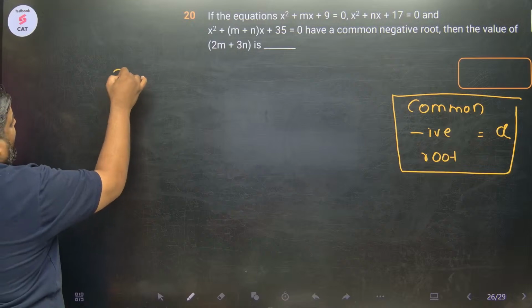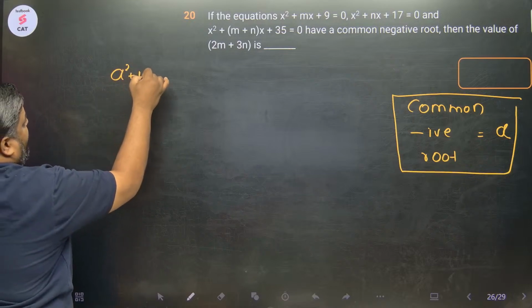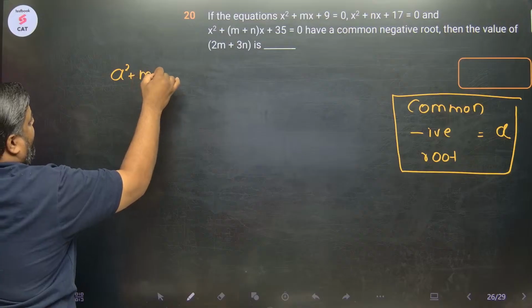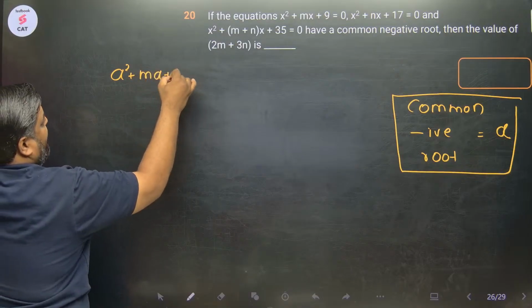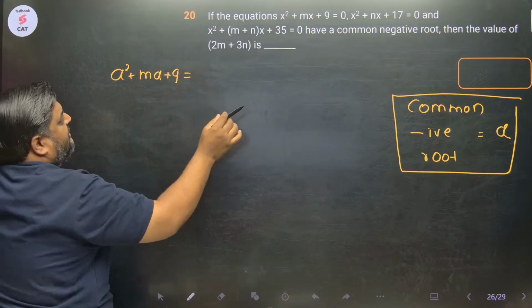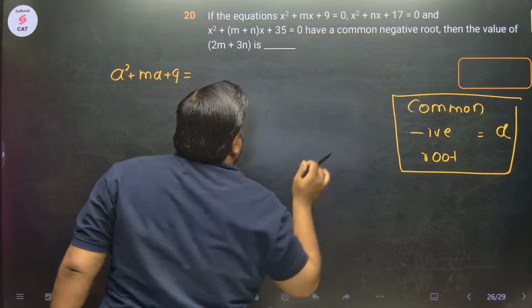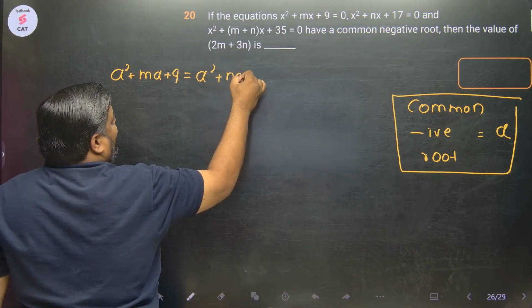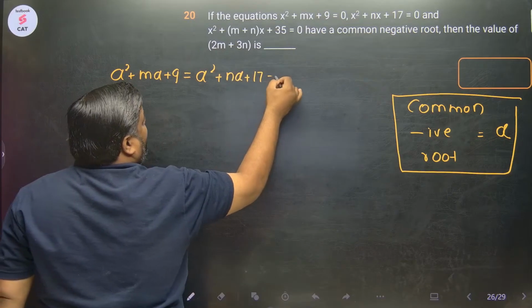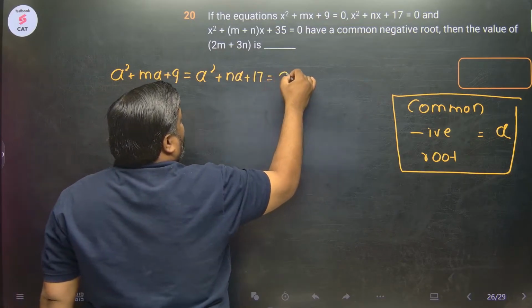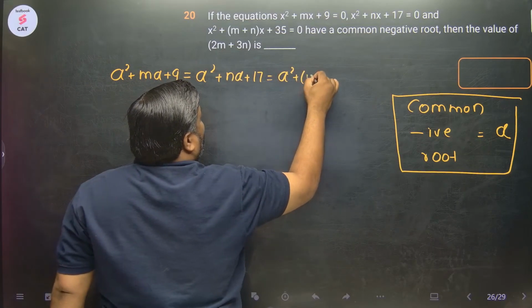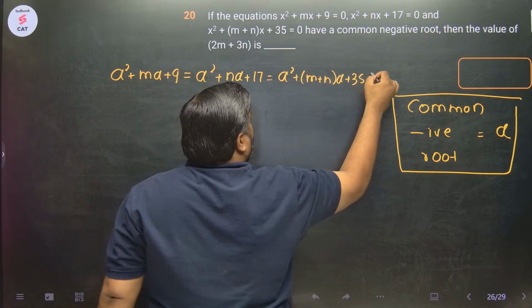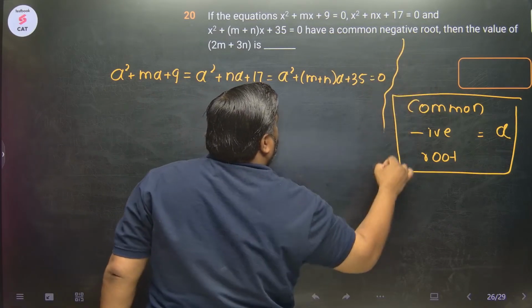So I can write alpha square plus m alpha, putting alpha in place of x, plus 9 equals alpha square plus n alpha plus 17, which is equal to alpha square plus (m plus n) alpha plus 35 equals 0.